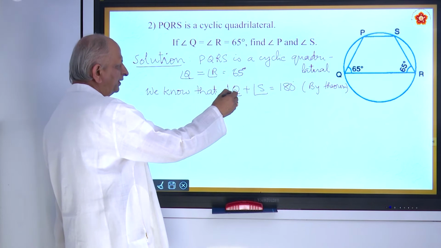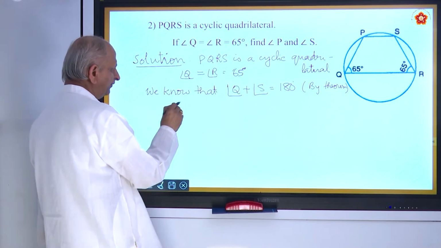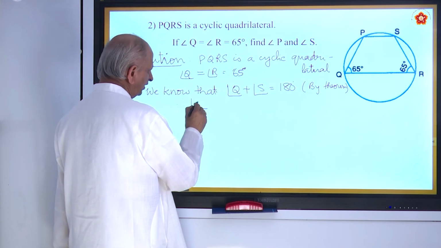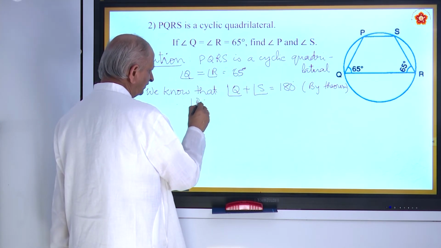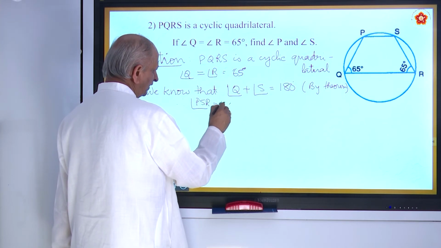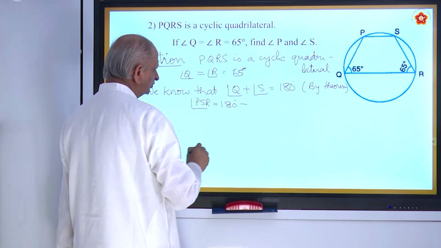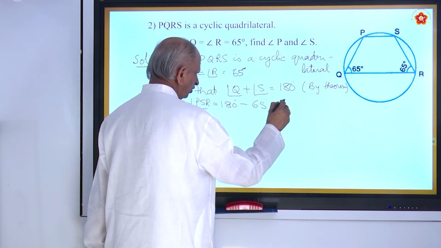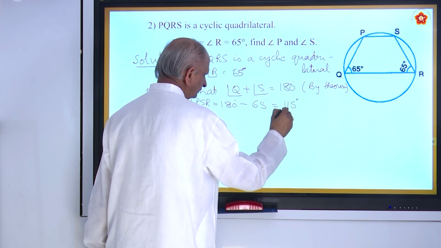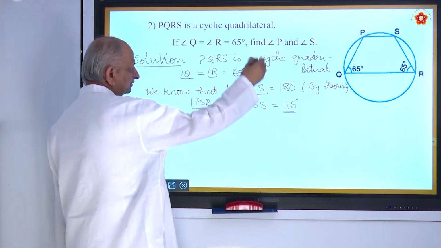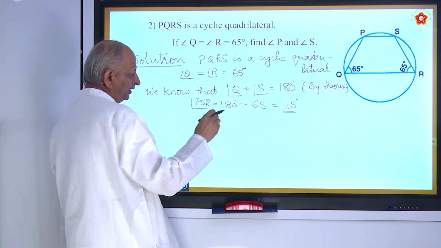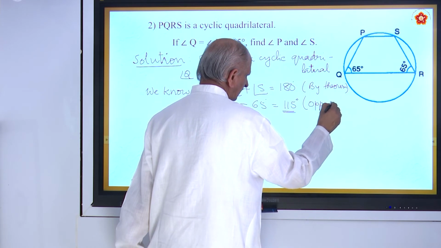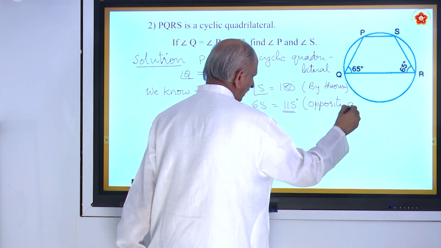In that, Q is given to be 65. Therefore, angle S becomes, S means you can write it also as PSR, is equal to 180 minus Q. Q how much? 65, is equal to 115 degrees. That is what is asked. S means 115. That is nothing but opposite angles of a cyclic quadrilateral.